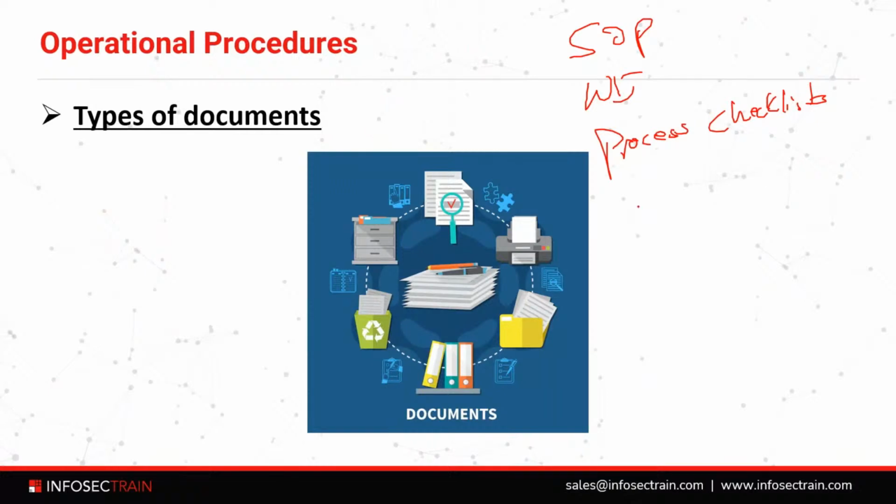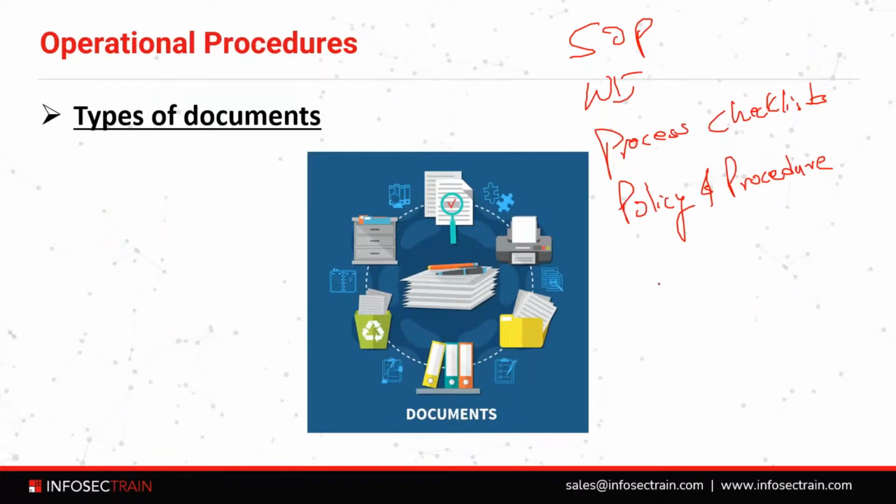Then policy and procedure documents. It defines rules, standards, and compliance requirements, and it is often tied to legal, regulatory, or organizational mandates. So it provides a framework for decision making.